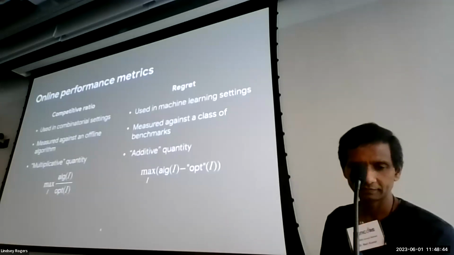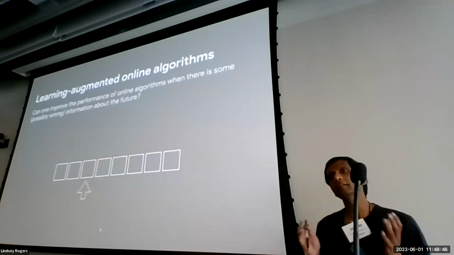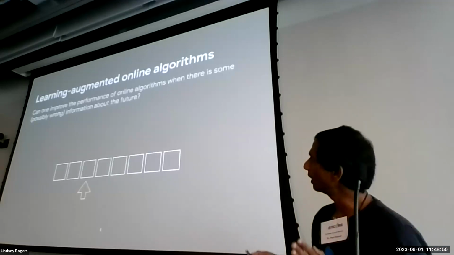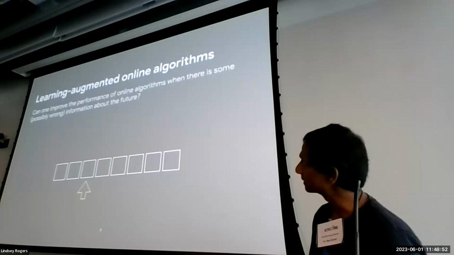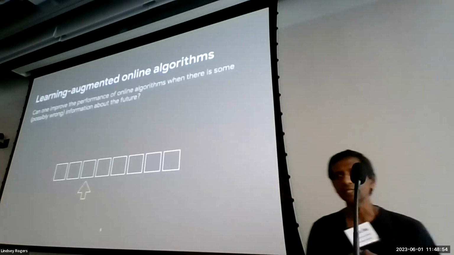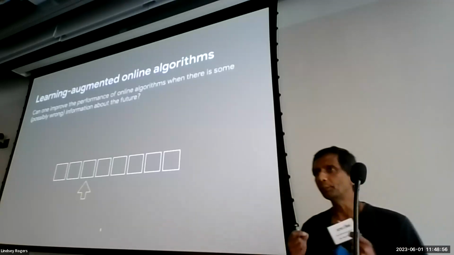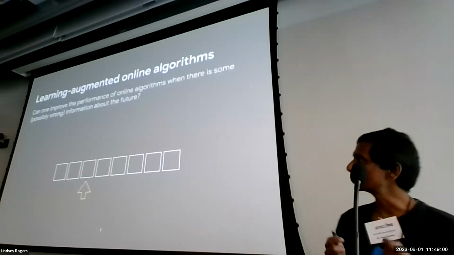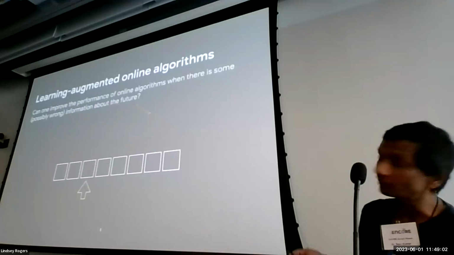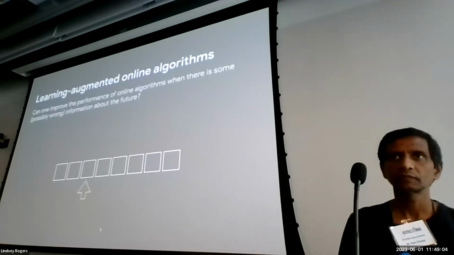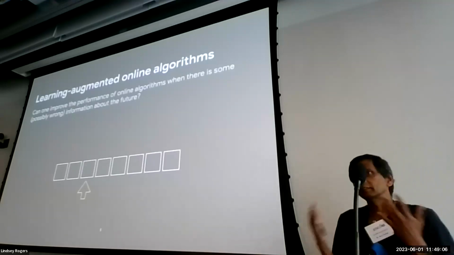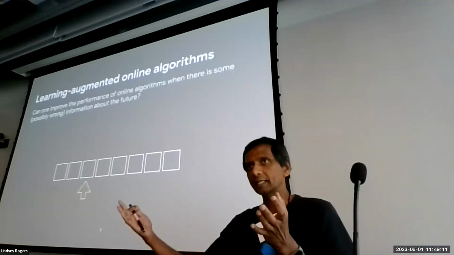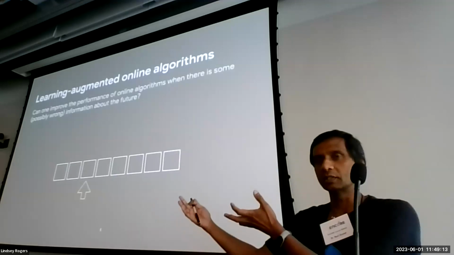Excess risk. Okay, so we'll focus on the online algorithm settings and try to see what this learning-augmented means. The overarching question is, can you improve the performance of online algorithms if you have access to some form of possibly wrong information about the future? That's the high-level question that we'll try to understand. Because online algorithms work in the worst case setting, you don't assume anything about the future.